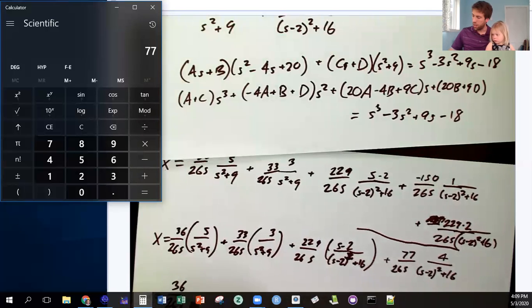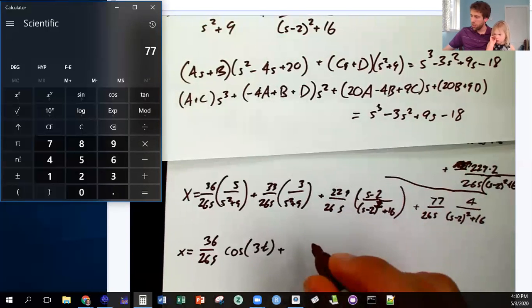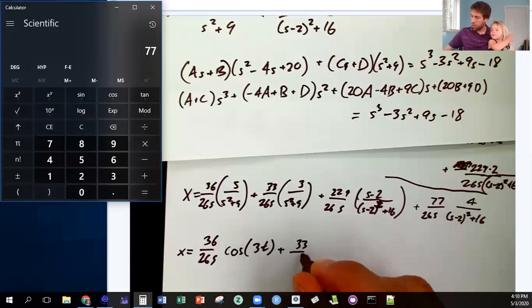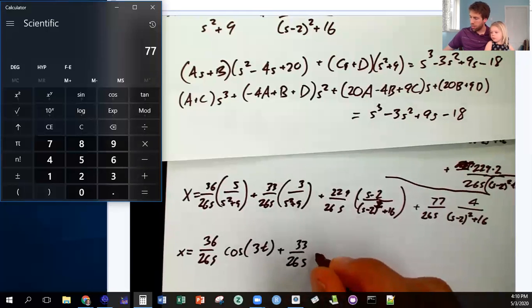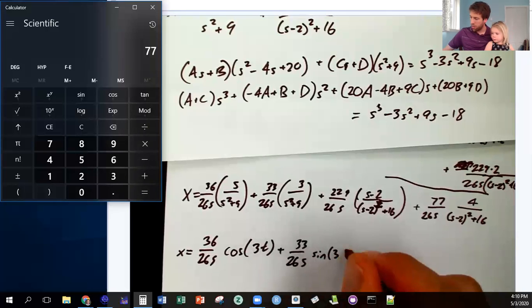So cosine of 3t plus 33 over 265 times 3 over s squared plus 9, that's sine of 3t.